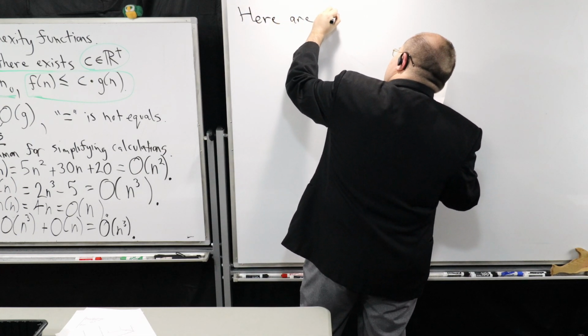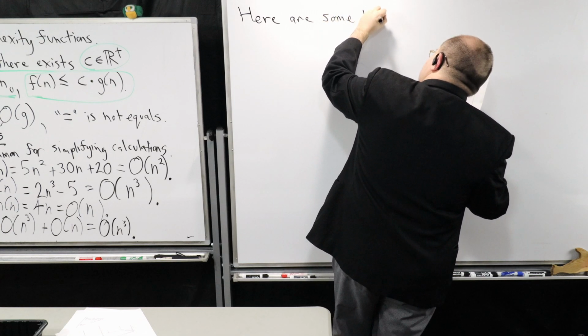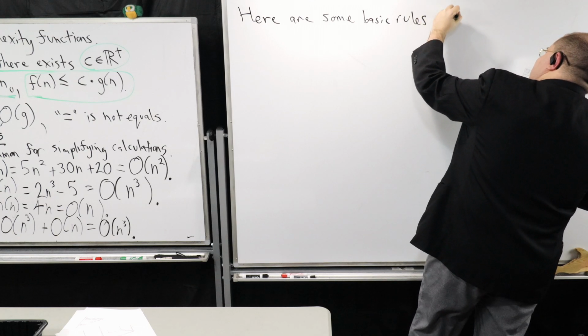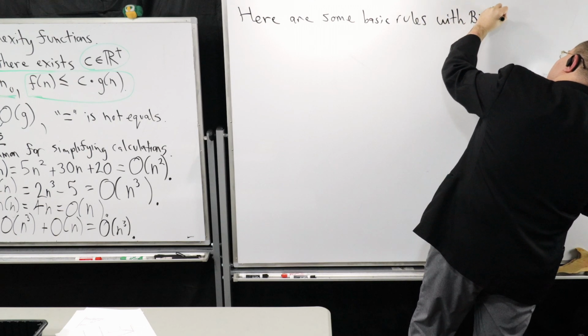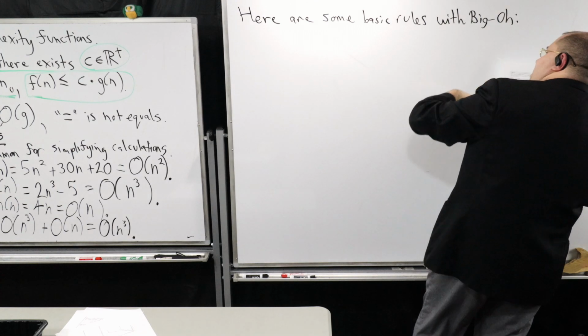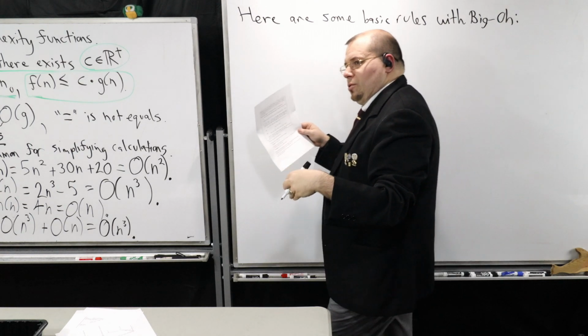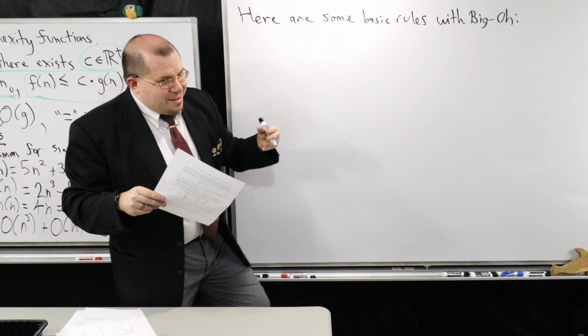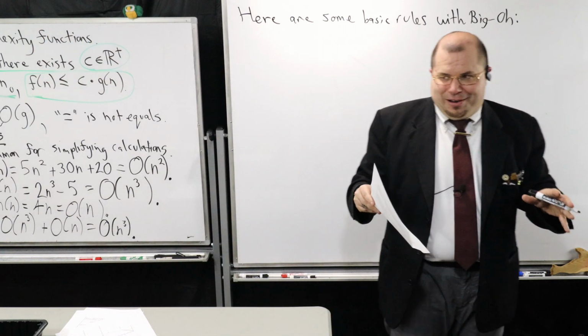So here are some basic rules with big O. These are some rules you may have seen, you may not have seen, that's okay. But remember, these are just hard and fast rules. For most cases you run into, this will typically work. But in this course, you have to be very careful about it, okay?